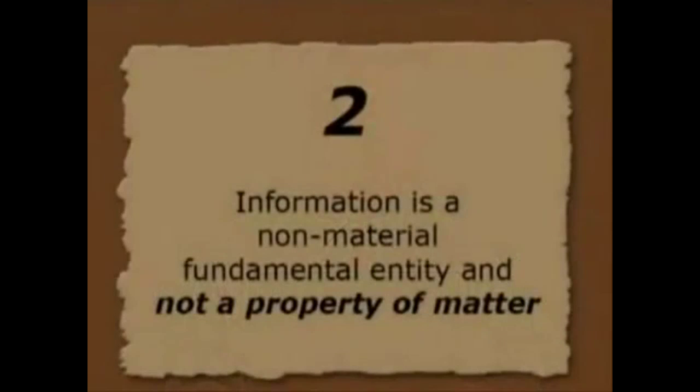A very important law of nature about information. Let me come to the second one. Information is a non-material fundamental entity and not a property of matter. In many books nowadays you find the idea that information is a part of matter. That is a wrong idea.